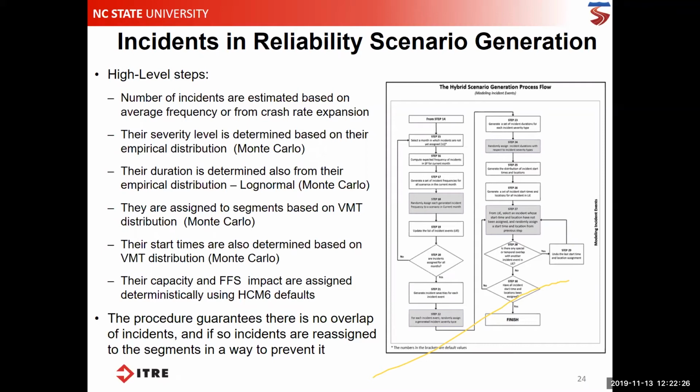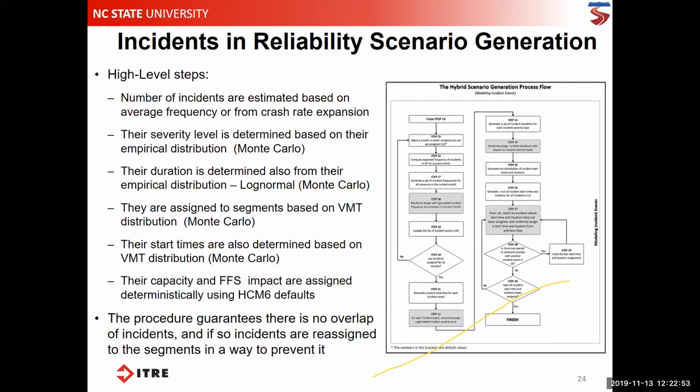For that purpose, we typically look at the vehicle miles traveled distribution across all the segments and time periods based on HCM's recommendation, and following that distribution, we assign incidents to the scenario. And then at the end, the important factor is we assign a CAF, or capacity adjustment factor, for these incidents that we are getting from HCM.